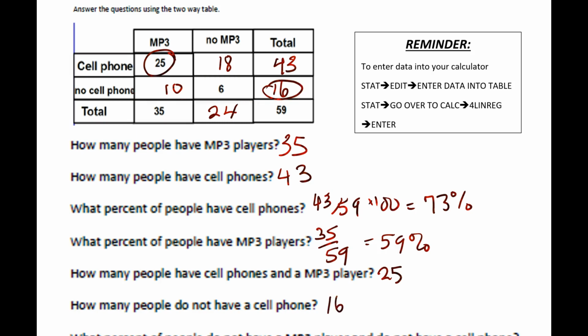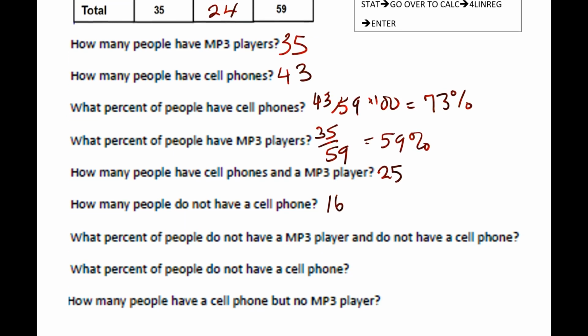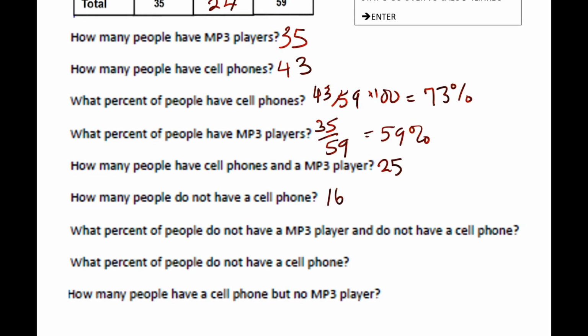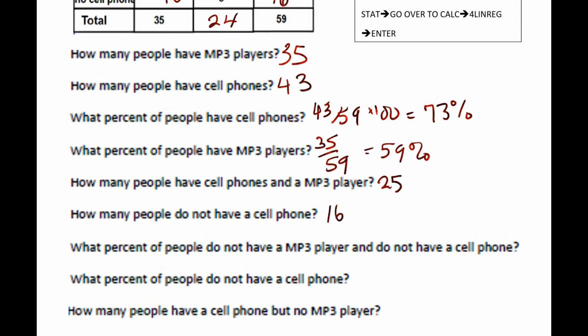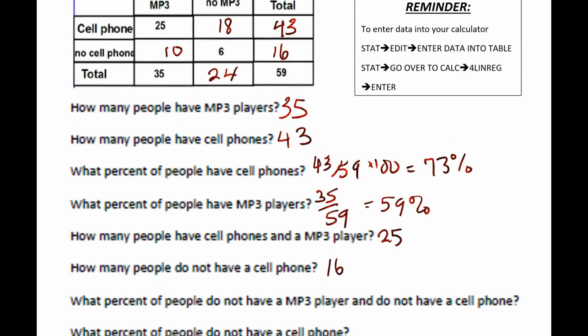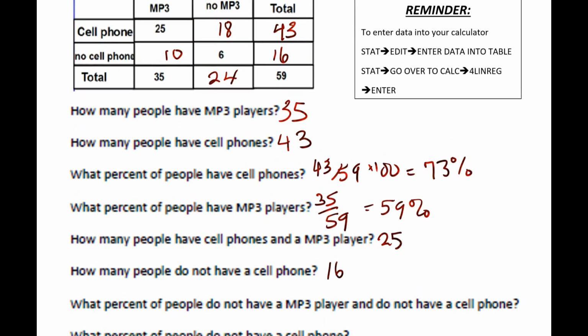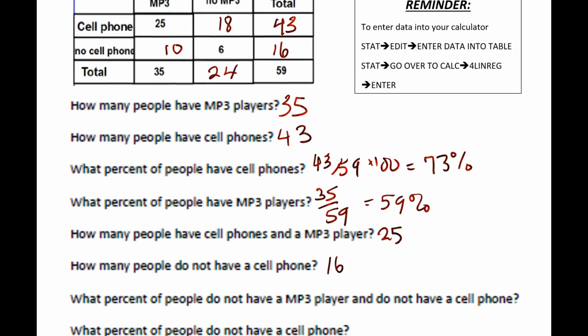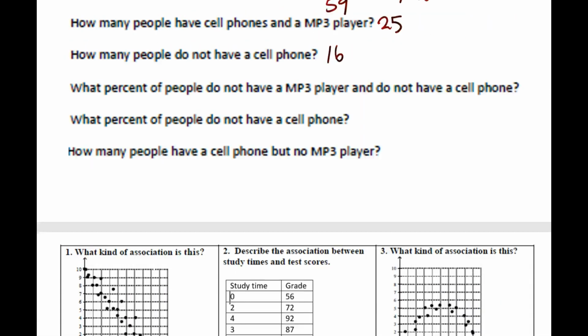All right, get rid of these. Scroll down. What percent of people do not have an MP3 player and do not have a cell phone? So no MP3, which is this column right here. Y'all can't see it because it's blocked off. Sorry.